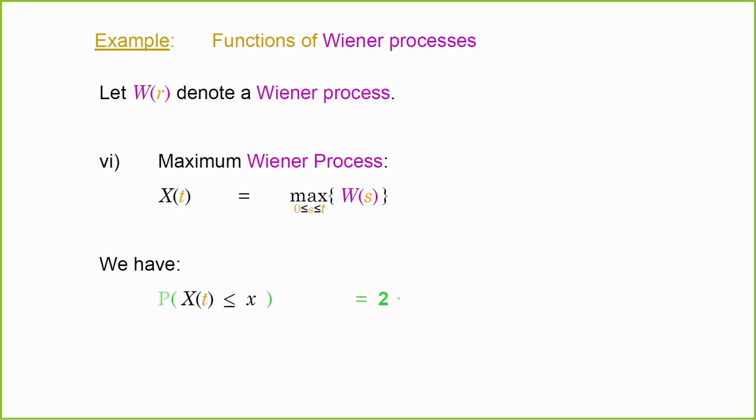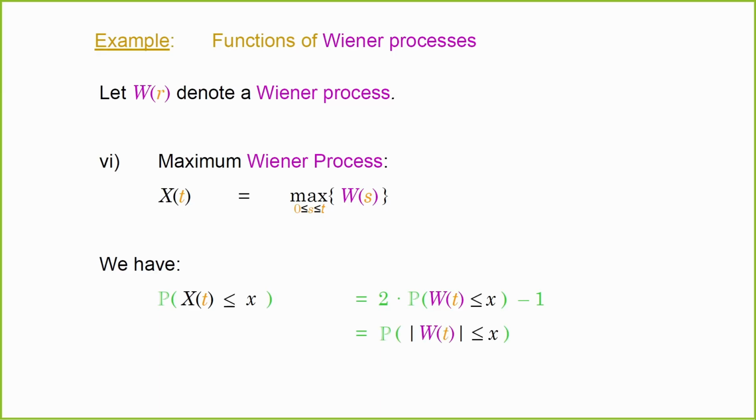That's the statement I'm going to make. And the reflected Wiener process, which was the absolute value, was 2 times the cumulative distribution function of the Wiener process at point small x, minus 1. That was it. Okay.